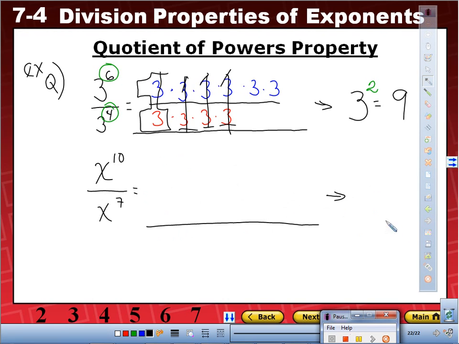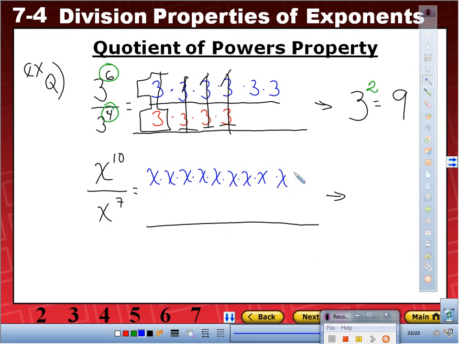All right, so after you share your notes, let's see. Who wrote x times x times x times x times x times x times x times x times x times x? Is that 10? Yes. Over x times x times x times x times x times x times x.